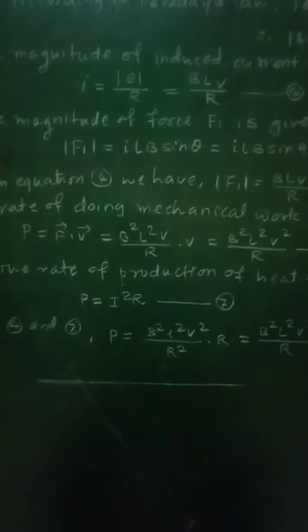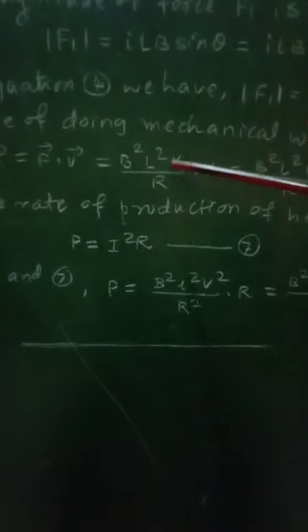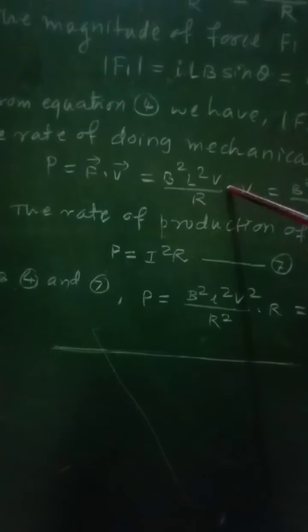Now we will have to find out the electrical work done per unit time. Similar to the mechanical work per unit time, that is power, that we have found, now we will find the electrical work.